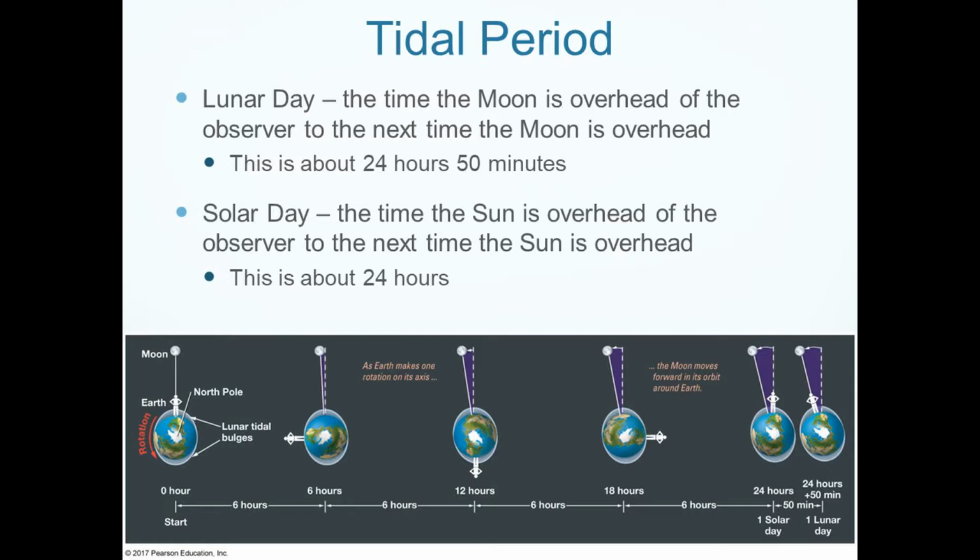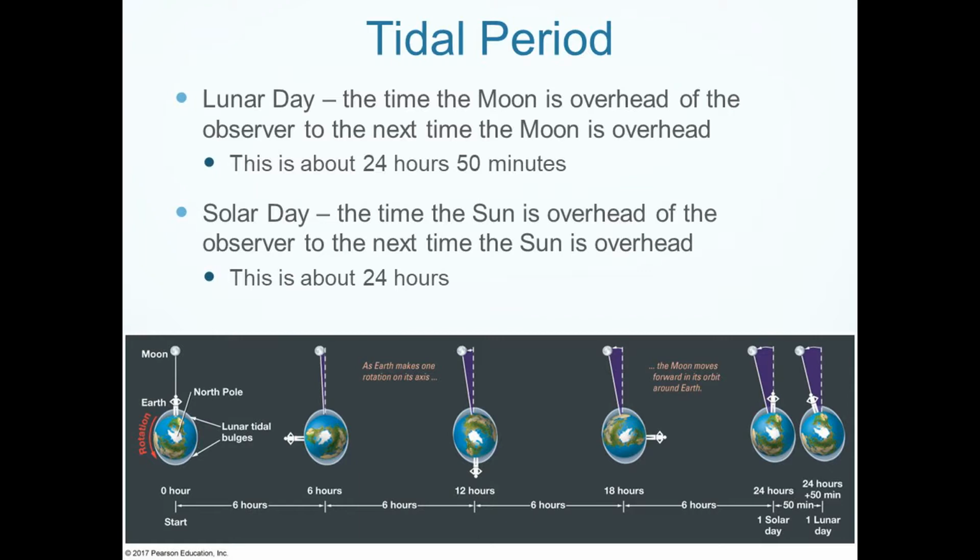Now the lunar day is really interesting. If we start with the moon directly above at hour 0, and look at the image below, you can see that as the man on the Earth rotates around, by the time he gets all the way back to where the moon would have been 24 hours later, the moon's not there.